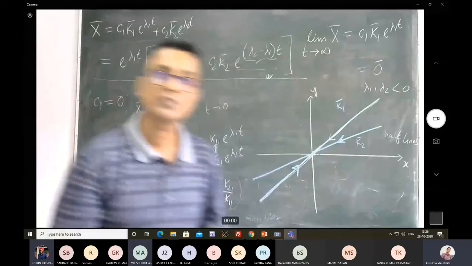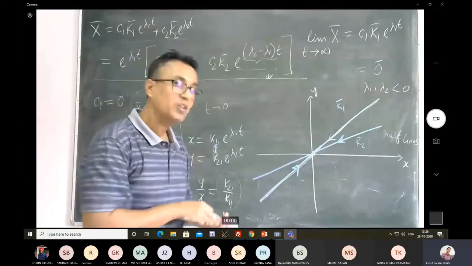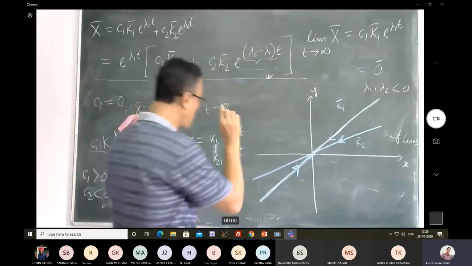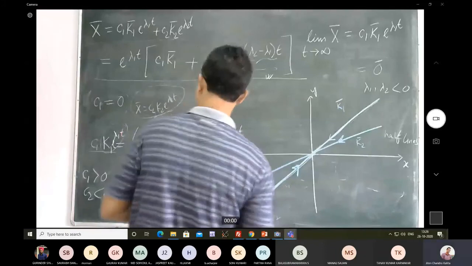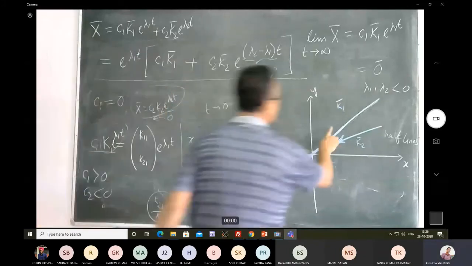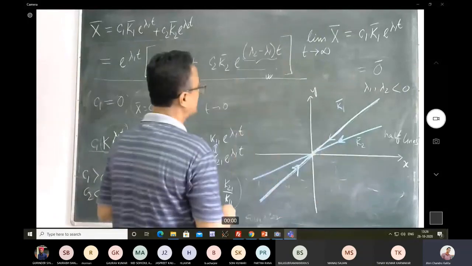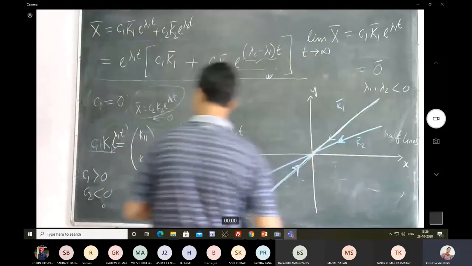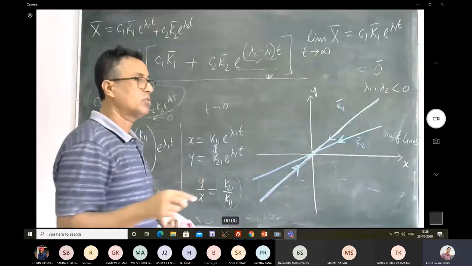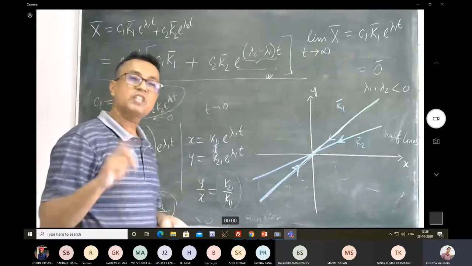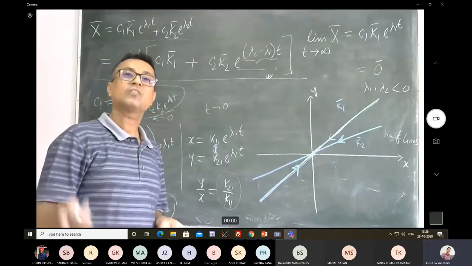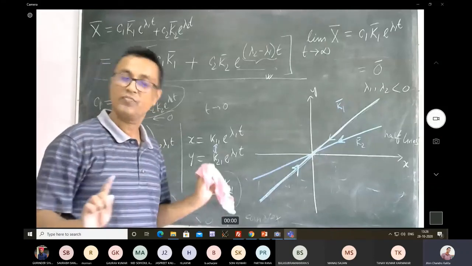So now, see here, what we have done, I have taken these two cases in isolation. You may think that I have taken these two cases when once C2 becomes 0 and once C1 becomes 0. Fine?